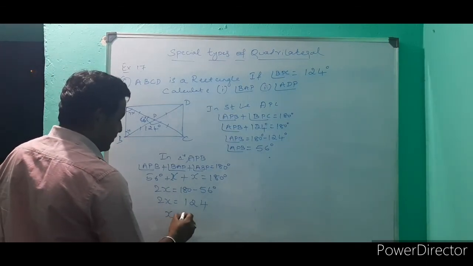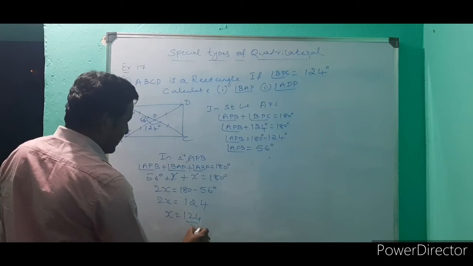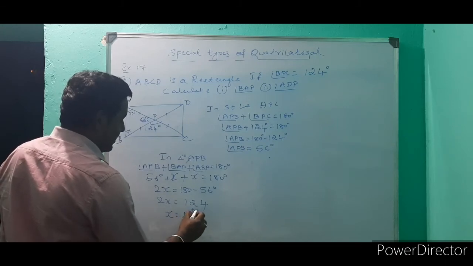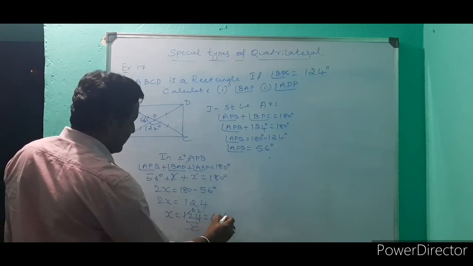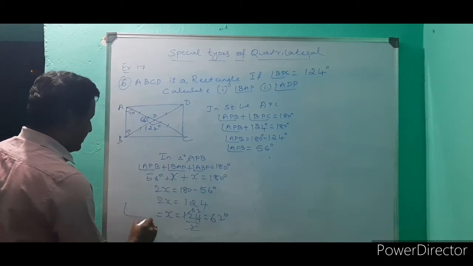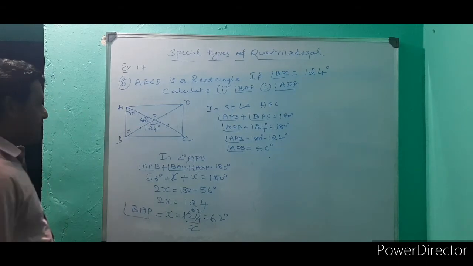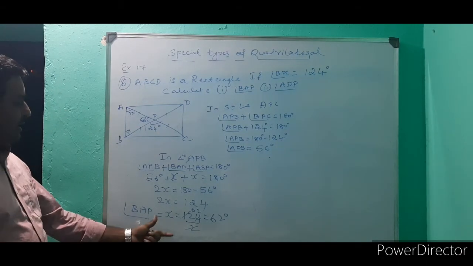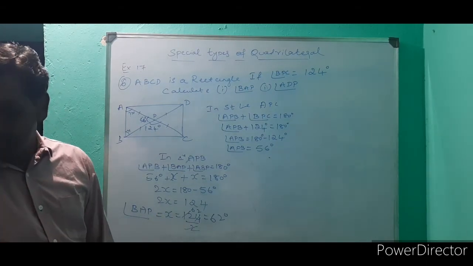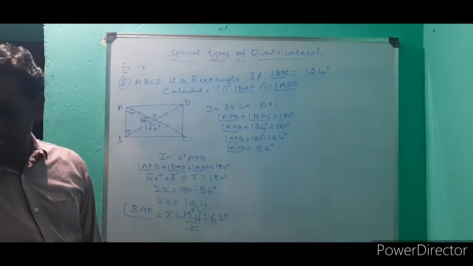That is x is equal to 124 divided by 2. 6 twos are 12, 2 twos are 4, that is 62 degree. Angle x is here angle BAP. These two angles are equal. So angle BAP is equal to how much? 62 degree.